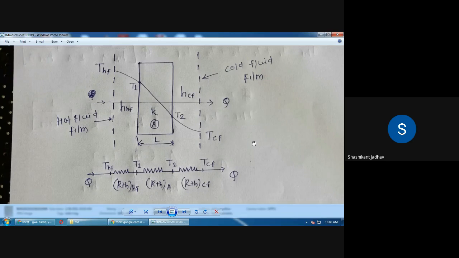Okay, diagram is over. Understand the concept properly, so that it is easy to solve the problems related to the overall heat transfer coefficient.